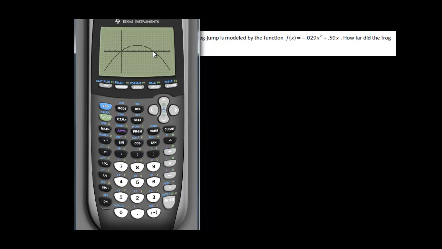We need to find out this point here. So let's do second trace 0. Left bound is going to be any point before you hit that. So let's do there. Right bound will be right after you hit it. And then hit guess. So it looks like it's going to be 20.34.